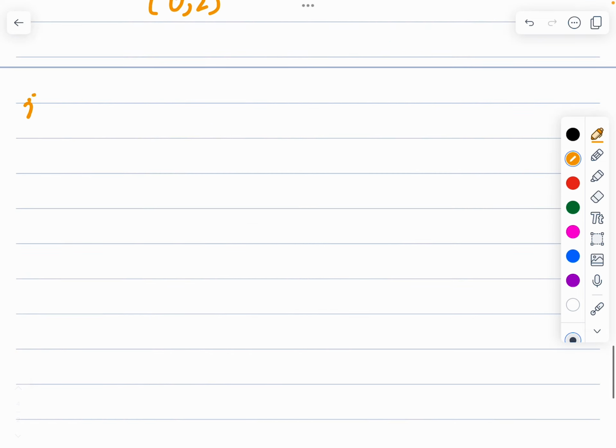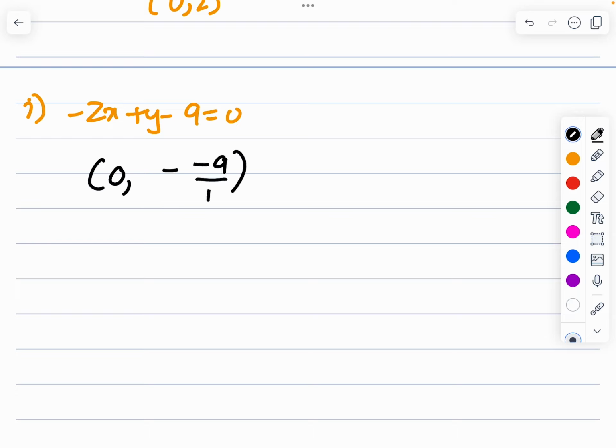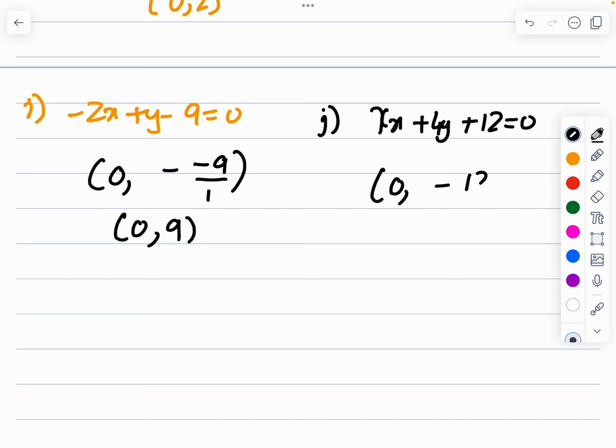Now i, minus 2x plus y minus 9 equals 0. So it's going to be (0, minus 9 upon 1). So it is (0, 9). j, 7x plus 4y plus 12 equals 0. So (0, minus c upon b), which is (0, negative 3).